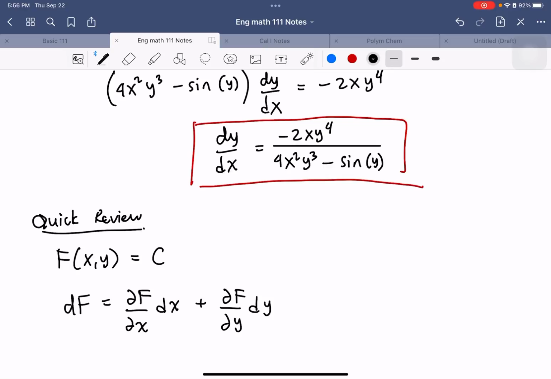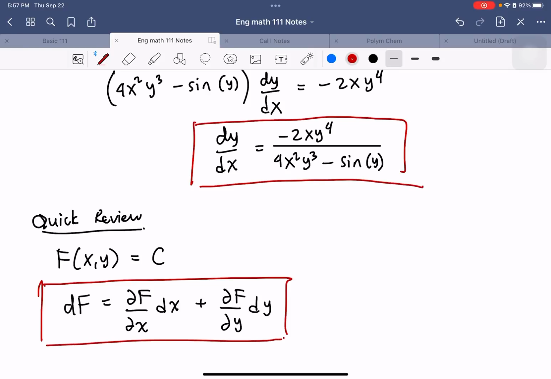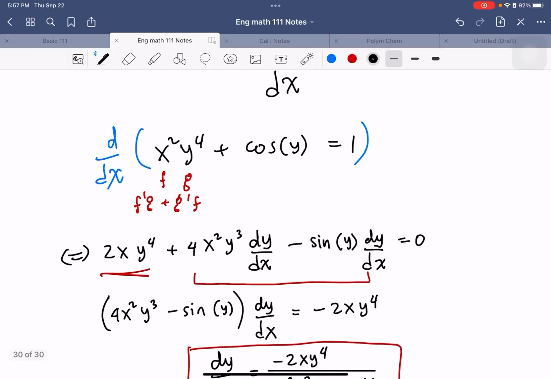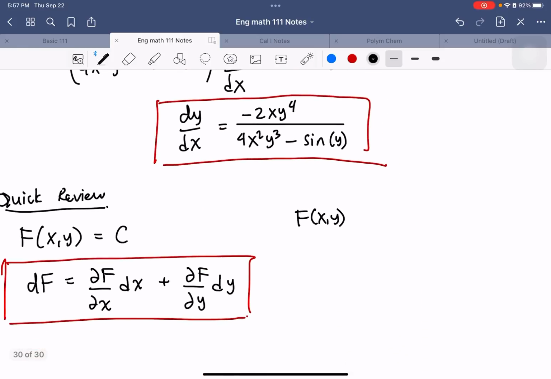We can write our differentials like this. Let's write our function the same as our question here, x squared y4 plus cosine y.